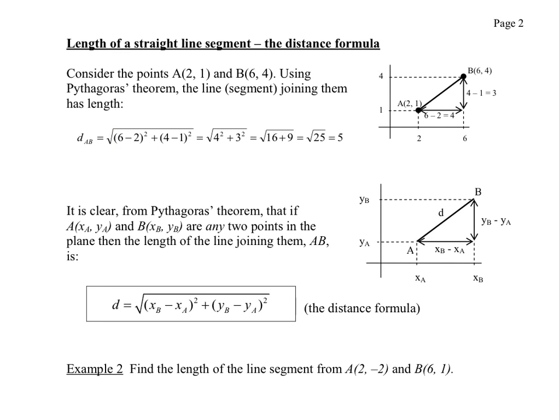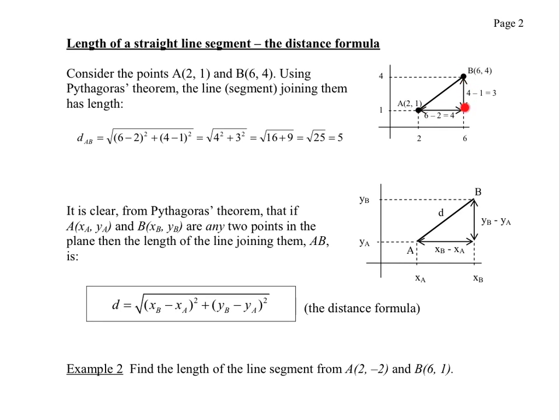The 6 minus 2 is purely to get the distance between this point and this point here, because this point is 6 along the axis, and this one is 2 along the axis. So this distance is just 6 minus 2, which gives us 4.